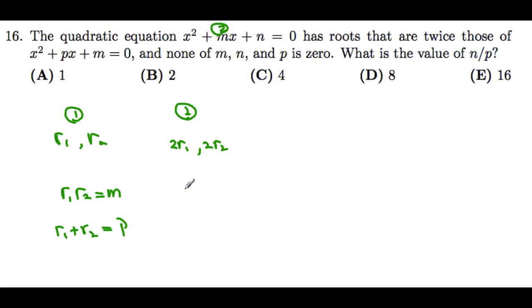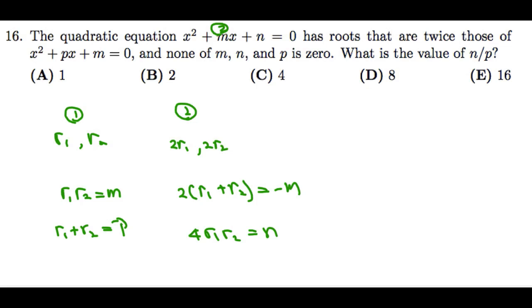When you add them up, we end up getting 2 times R1 plus R2, the sum of the roots, which will be negative M. Actually, this one should be negative P also, negative b over a. And then the product of the roots, in other words, 4 R1 times R2, is equal to N.